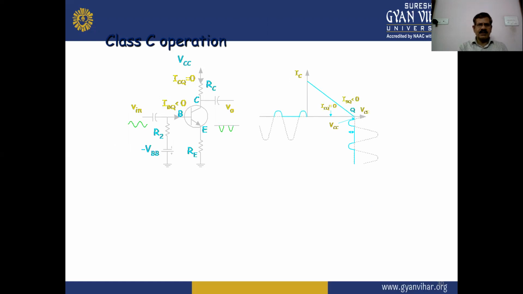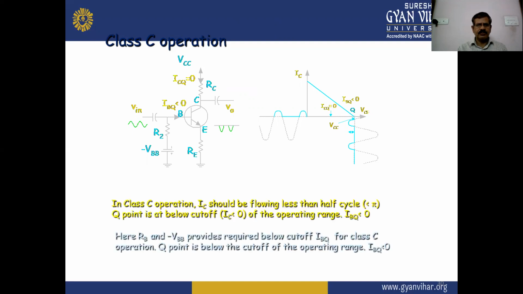Next one is the class C amplifier. This is the circuit diagram of a class C amplifier, and the relation between the input power and output power of class C amplifiers is given here in this second diagram. In class C operation, the collector current I_C flows for less than half a cycle. The Q point is below cutoff of the operating range.